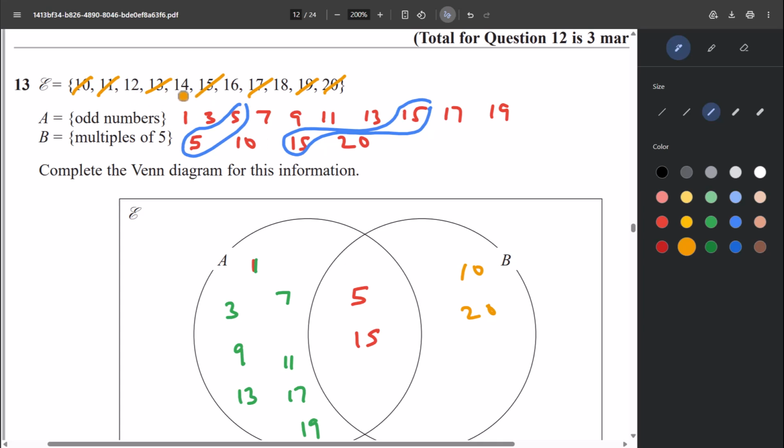These untouched numbers are the numbers outside the sets. So the numbers outside the sets will be 12, 14, 16, and 18. Now that is the set question already done for you.